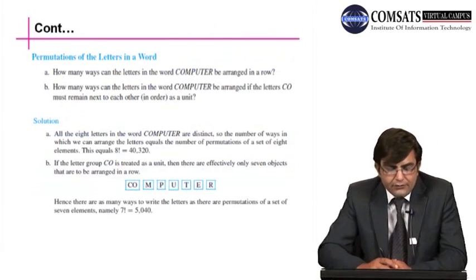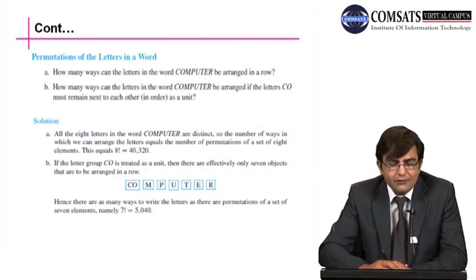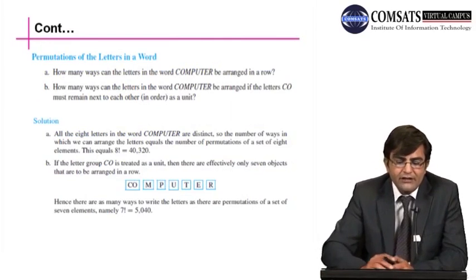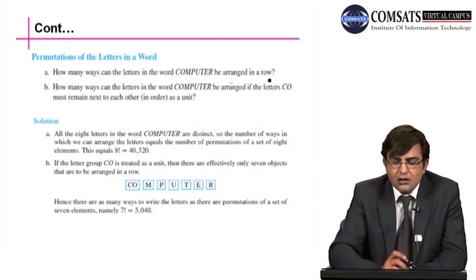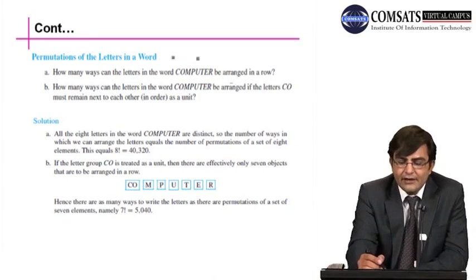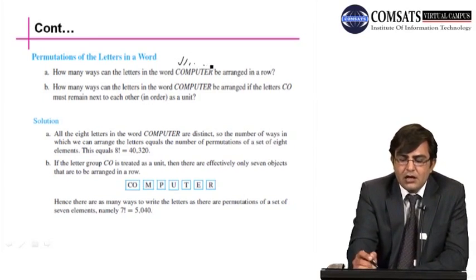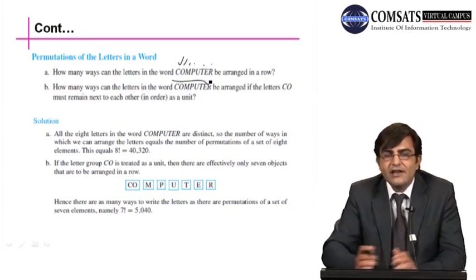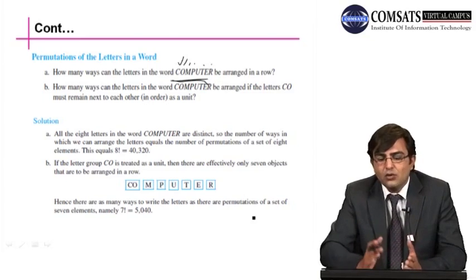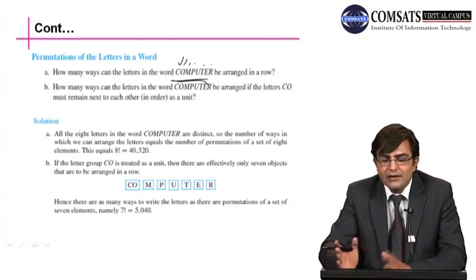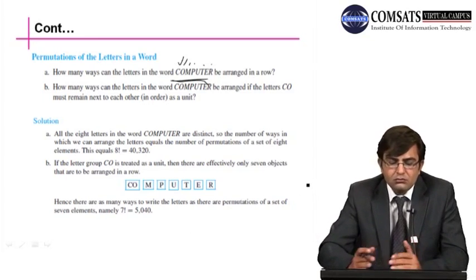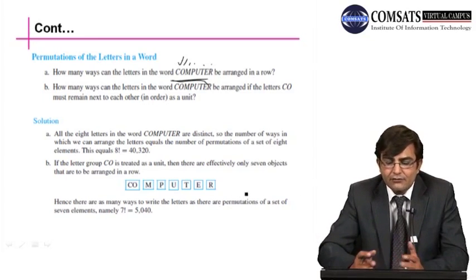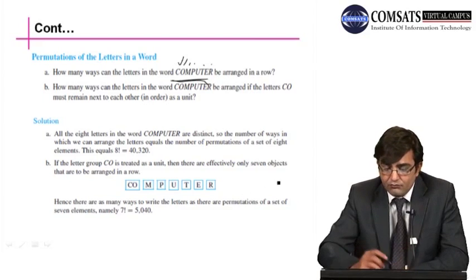Now permutations, for example, permutations of the letters in a word. How many ways can the letters in the word computer be arranged in a row? So we count the elements here: 1, 2, 3, 4, 5, 6, 7, 8. These are C O M P U T E R, 8 letters in computer.